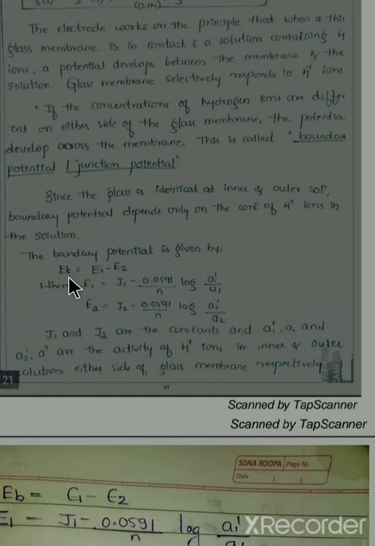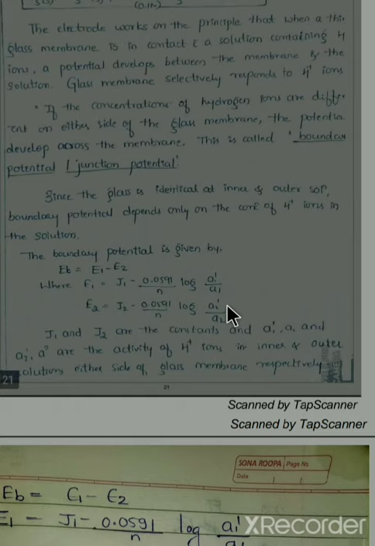In the first case, in E1, this is the activity of hydrogen ions in the inner solution with respect to the outer solution. Coming to E2, here you have A2 dash, that is the activity of H plus ions of the outer solution, with respect to the inner solution.